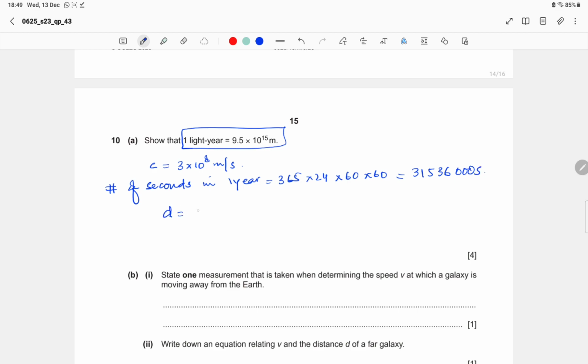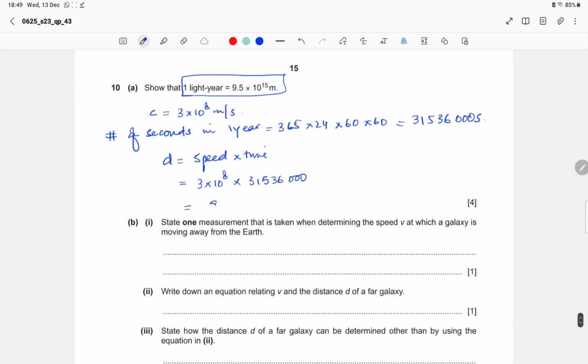We know that distance equals speed times time. So if you multiply 3 into 10 to the power 8 times 31536000, you will end up with 9.5 into 10 to the power 15 meters, which is your required answer.